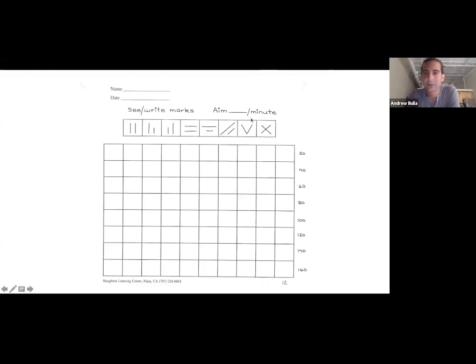Now in Elizabeth's program, based on the age of the learner, that's going to determine the frequency aim, or how many they should do per minute. But again, you'll see here that because there's 10 boxes, there's 2 marks each. That's 20 marks in each row. So you can count up how many marks the learner did in a minute without restricting their performance.